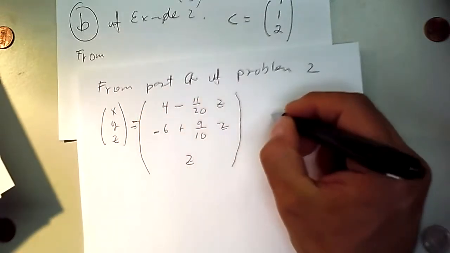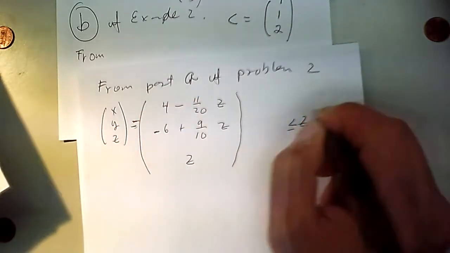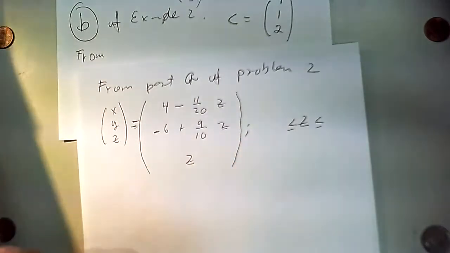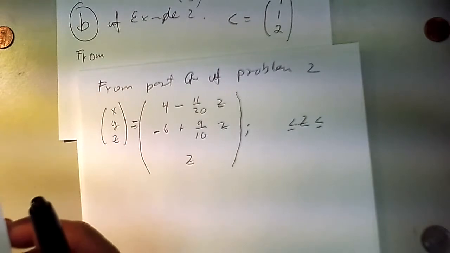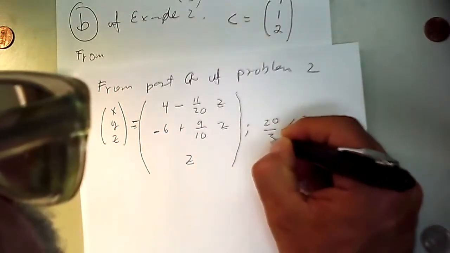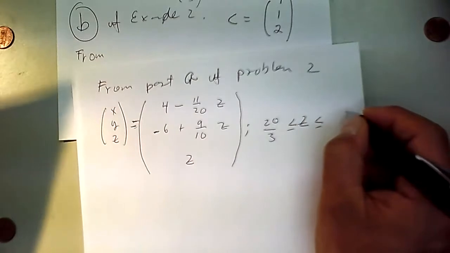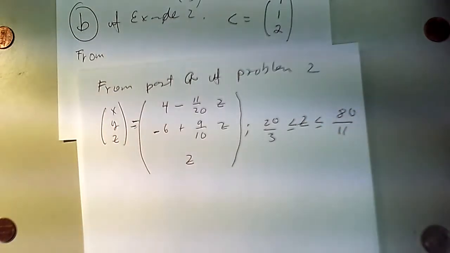And z is between 20 over 3 and 80 over 11.